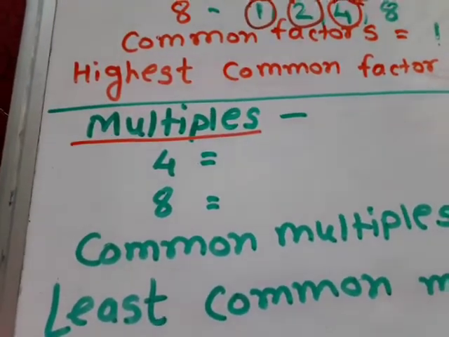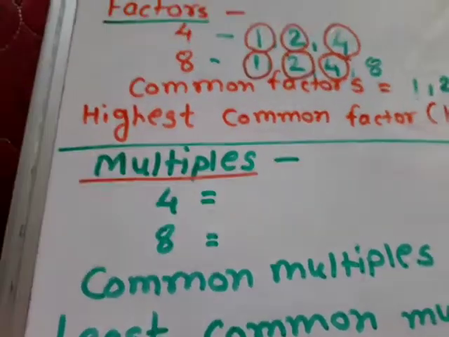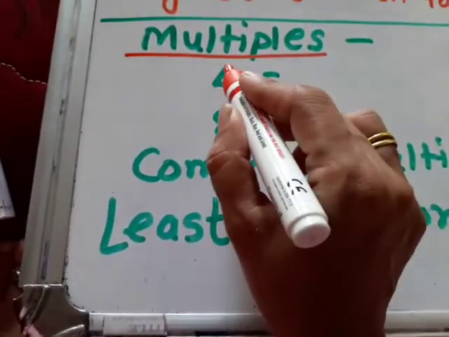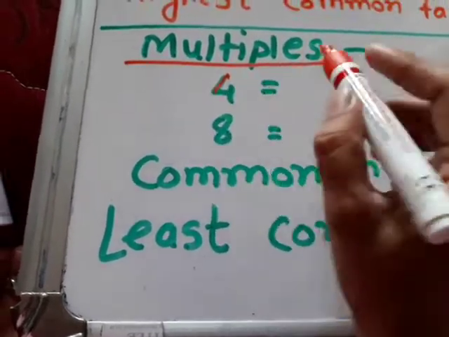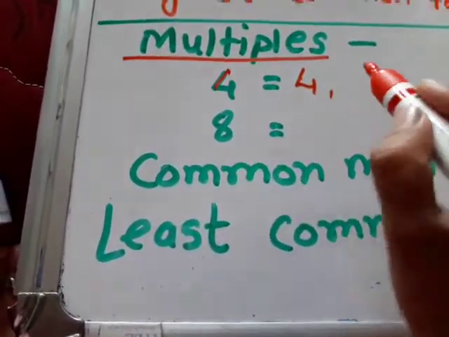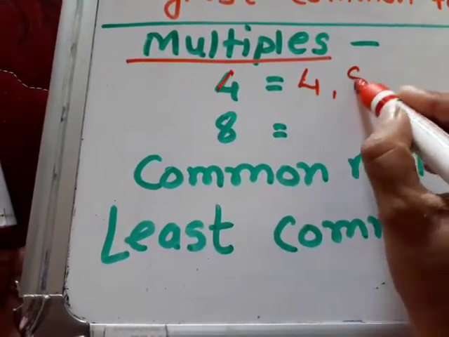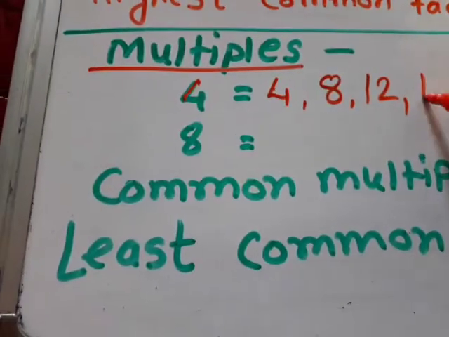Now we find the multiples of 4. First we multiply 4 by 1. Always we start multiplying by 1. Okay, see, 4 ones are 4. Then we multiply by 2, we get 4 twos are 8. Then multiply by 3, we get 12. Multiply by 4, we get 16.